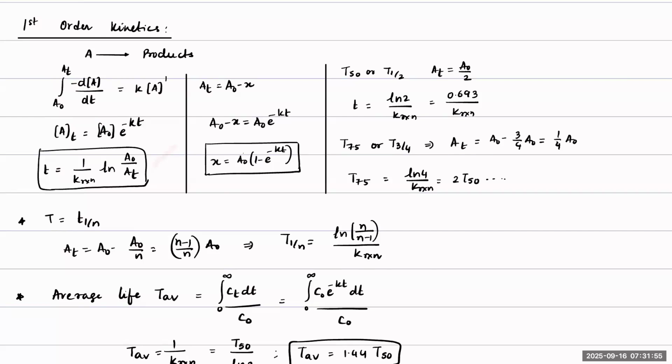Next, T can be written in terms of At and A naught, At being the concentration at time T, A naught is the initial concentration. Okay, beta. So At can be written as A naught minus X, and A naught minus X can also be introduced as A naught into e raised to power of minus Kt. So if I introduce that, X will be equal to this much.